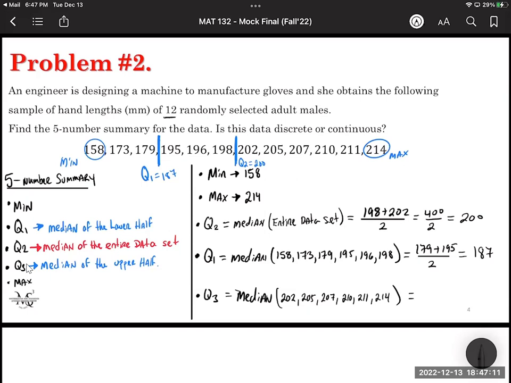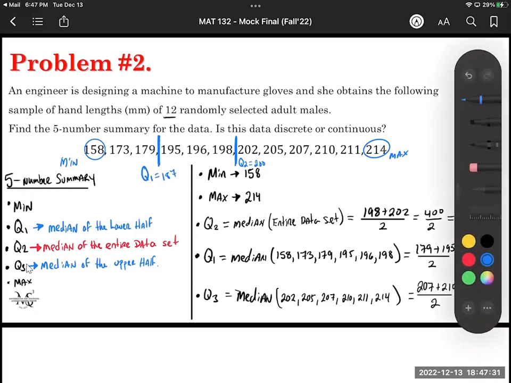So how many values are here? There's, again, 6 values. So you need to take the average of the 2 middle values, which is 207 and 210. When I add them up and then divide by 2, let me know what you get. 208.5. There you go, 208.5. So that value will be located here.